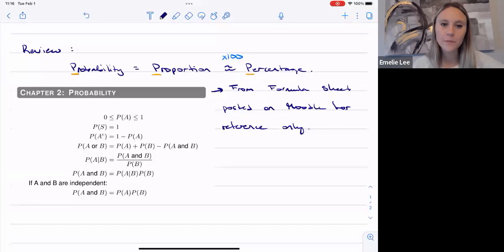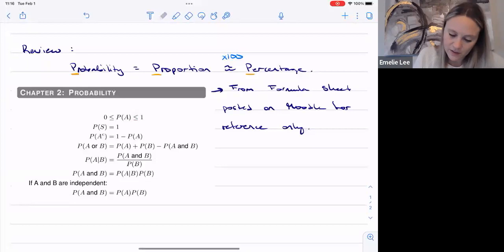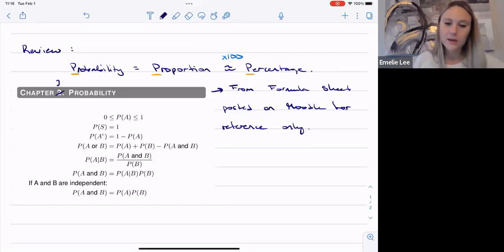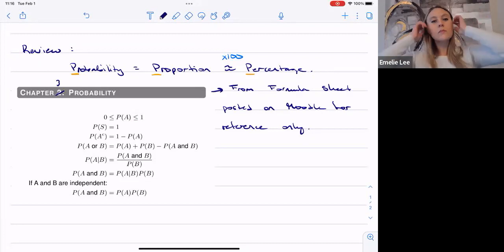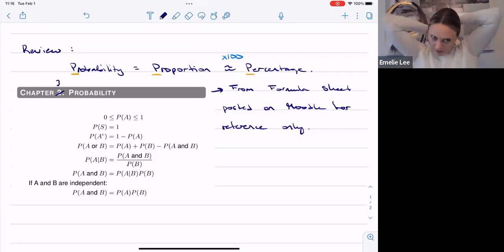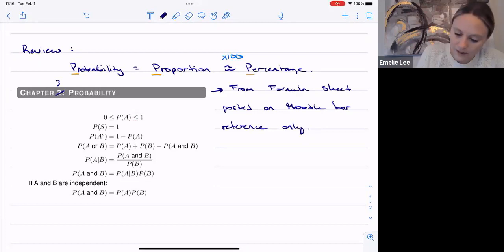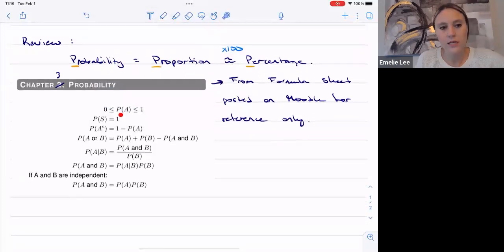The first part of the formula sheet, and this is chapter 3 now, really just outlines some key properties of probabilities. For example, probabilities have to be between 0 and 1. Here, P of A, where we use P of and then some event A, is just shorthand for some outcome or event, and the probability of that event has to be between 0 and 1.